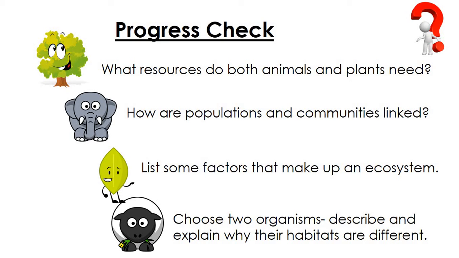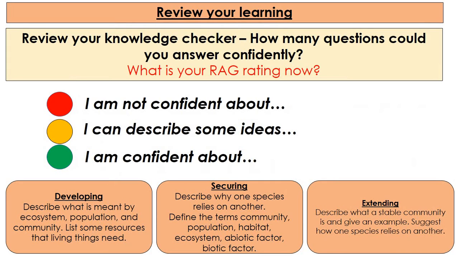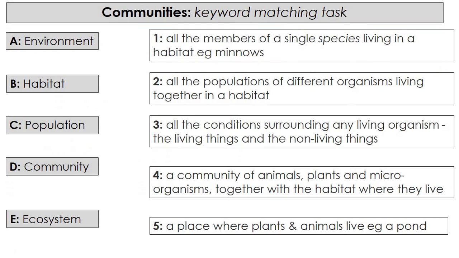So at this point you can pause the video, have a discussion maybe with someone in your household, and think about these key questions and check your understanding. Okay, so thinking about our key terms, how do we go at matching these together for the key terms that we've looked at so far.